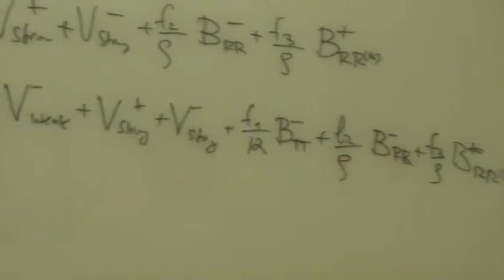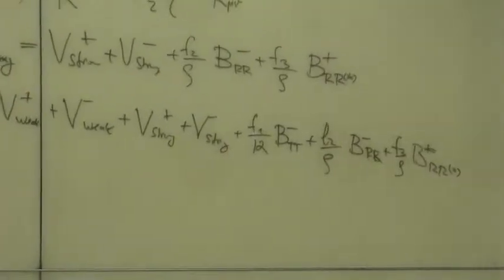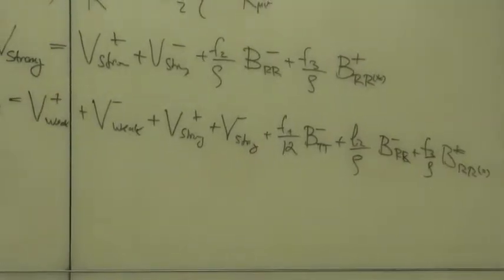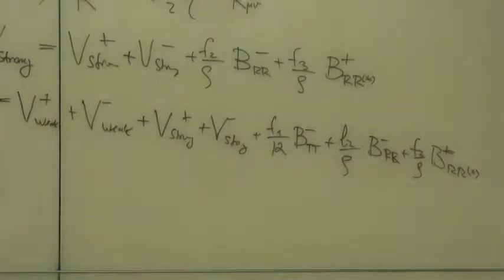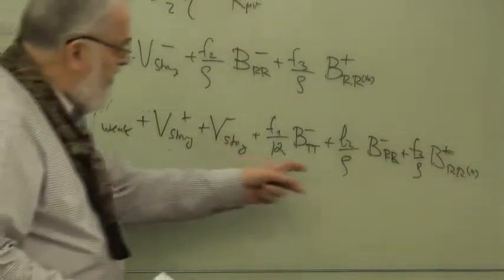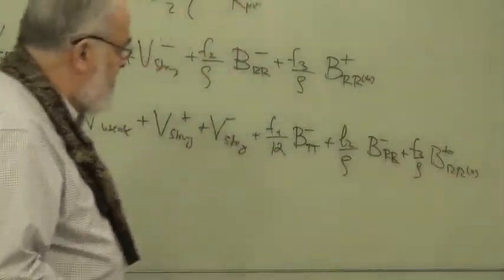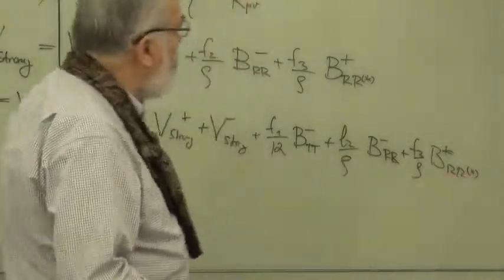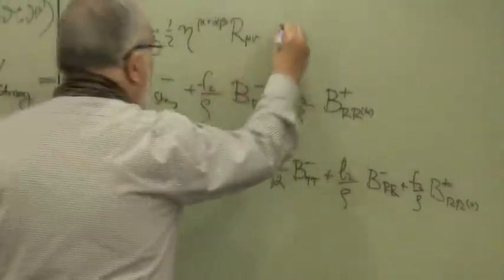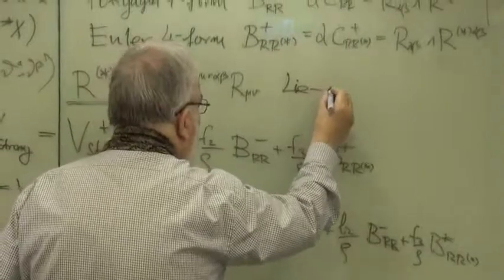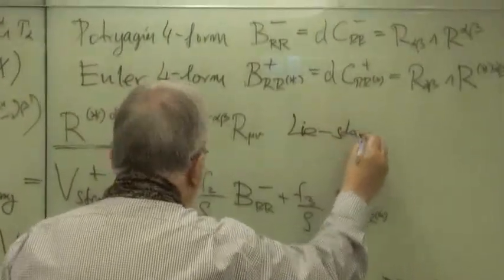Now the last thing is to express the Lie star in the Hodge star in order to eliminate this Lie star. So we have the Lie star, this is this one, and we have the Hodge star which enters here.